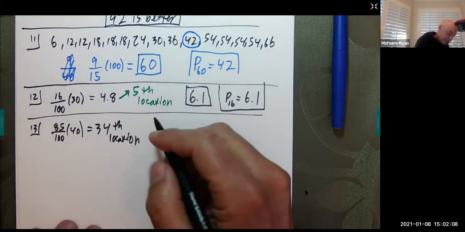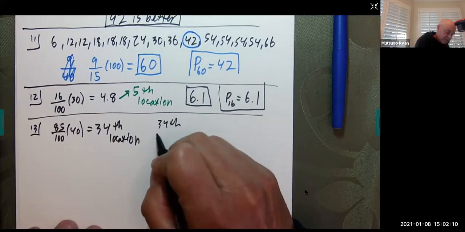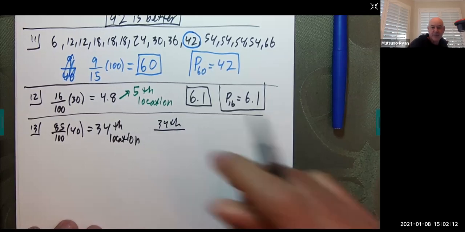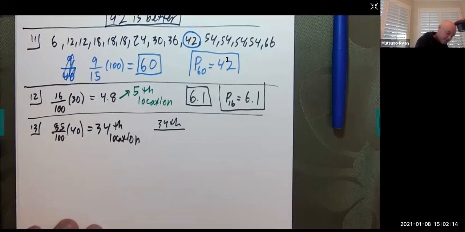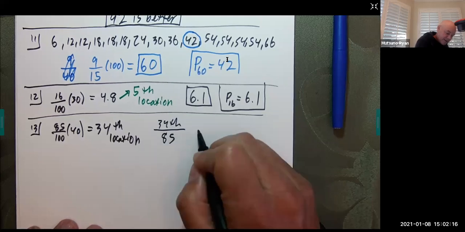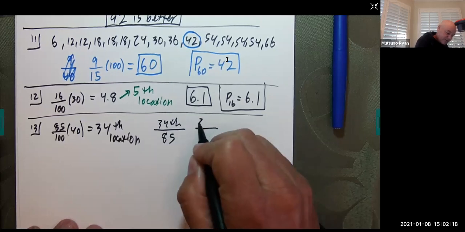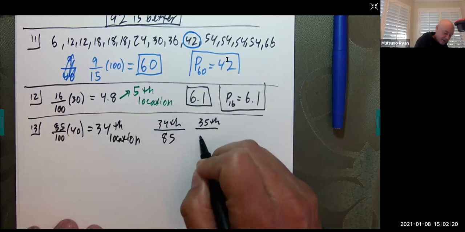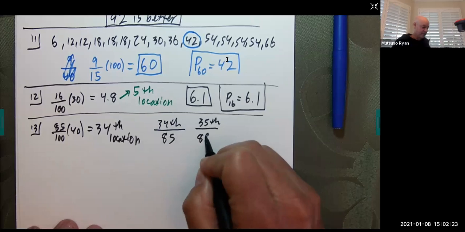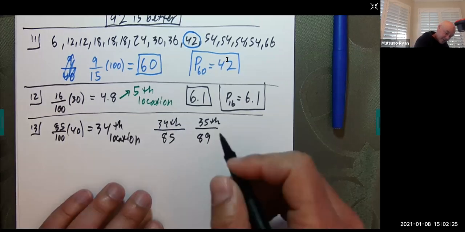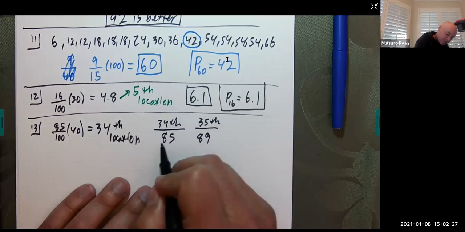So the 34th has the value 85. And the 35th location has the value 89. So to find the data value that we want, we're going to find the mean.